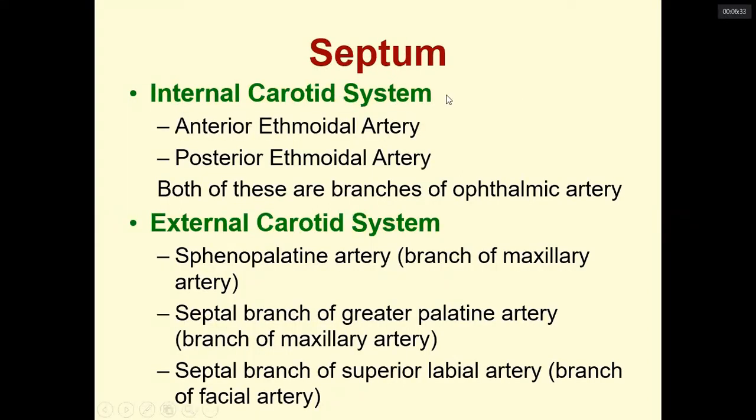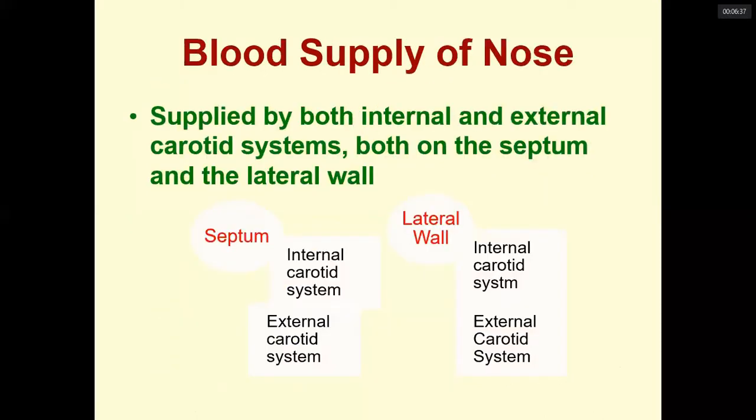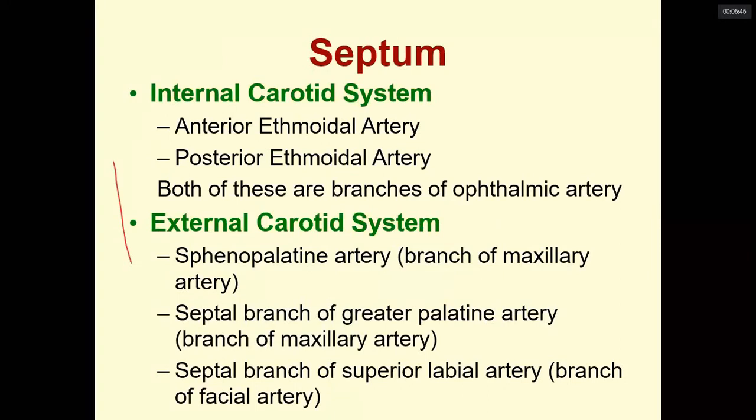Now, the septum. As mentioned in the last slide, the blood supply is from both systems, the external carotid system and the internal carotid system. The internal carotid system has two branches in the nasal cavity, the anterior ethmoidal artery and the posterior ethmoidal artery.